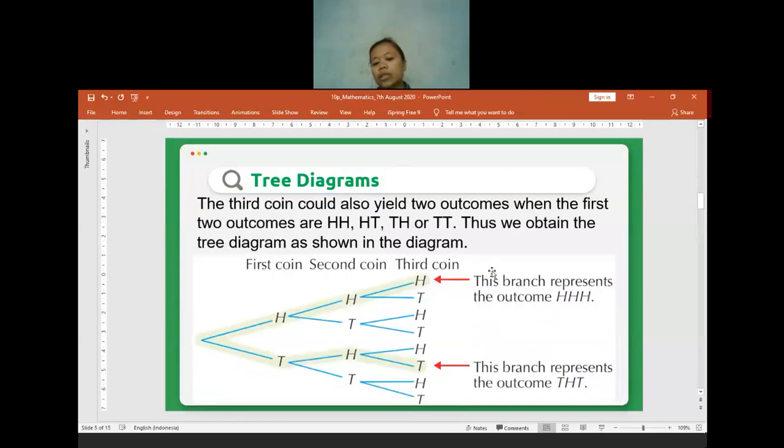This is the very first one for the first coin, and then the second branch here will be for the second coin, and then the last one will be for the third coin. So later it will be easier for us to make a list of whatever possible outcomes will happen if we roll or spin the coin three times.